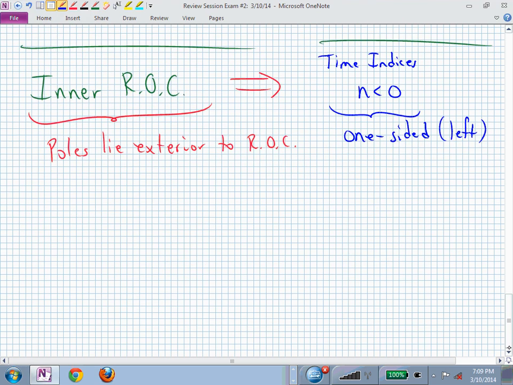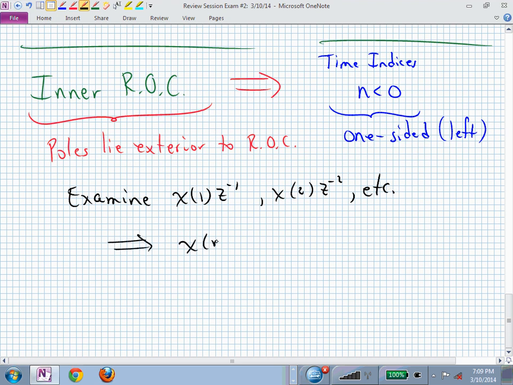We found this by, if we wanted to, we could examine x of 1, z to the minus 1, x of 2, z to the minus 2, etc. And that said that x of n must equal 0 for n greater than or equal to, well, at least greater than 0. Okay?